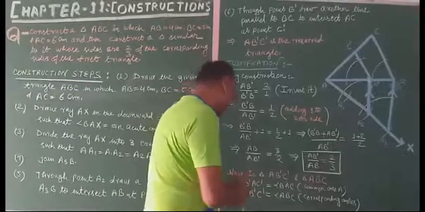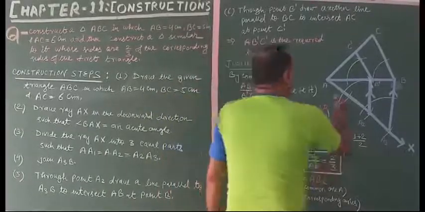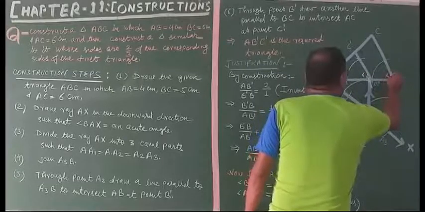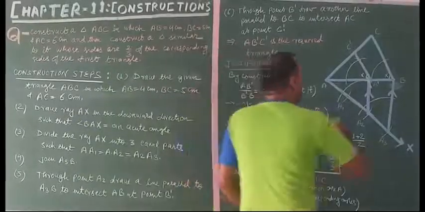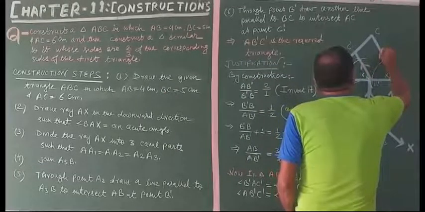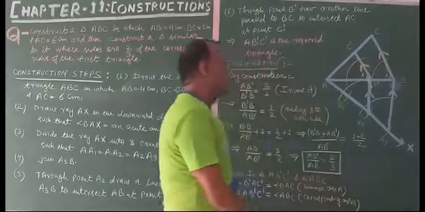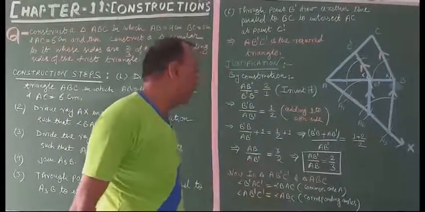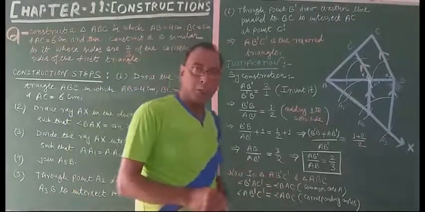Angle A B dash C dash. It is this angle and this angle. They will be equal. Why? Because this line and this line are parallel. If these two lines are parallel, then angle A B dash C dash will be equal to angle ABC, because they are corresponding angles.